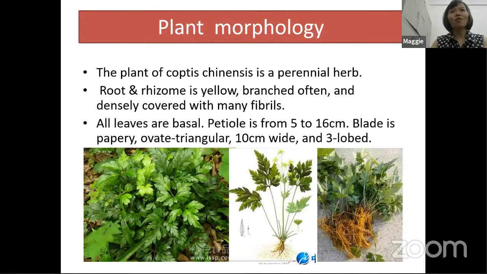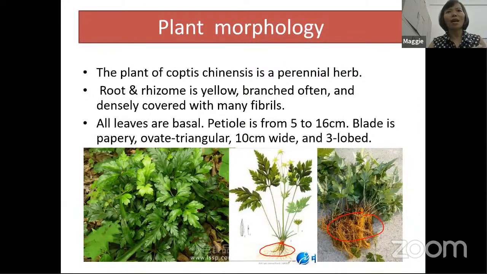The plant of Coptis chinensis is a perennial herb. Root and rhizome is yellow. From the middle picture, we can see that the root and rhizome, the color yellow, branched often and densely covered with many fibers. So here from the right picture, we know that root and rhizome are yellow and densely covered with many fibers.